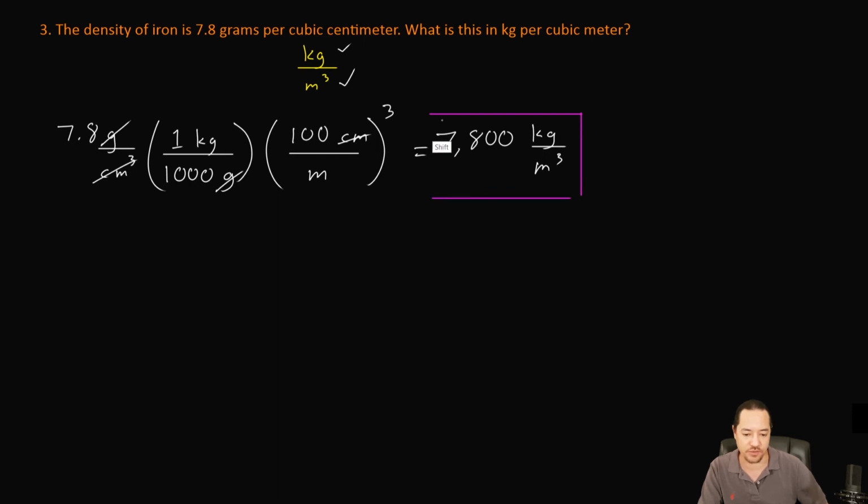Our answer right there. Okay, pretty good. Iron is pretty heavy, 7,800 kilograms in 1 cubic meter. For reference, 1 cubic meter of water is 1,000 kilograms, right? So iron is almost 8 times more dense than water.